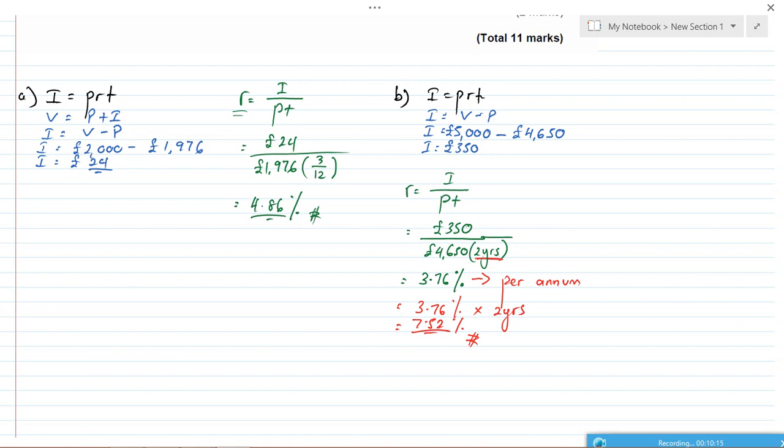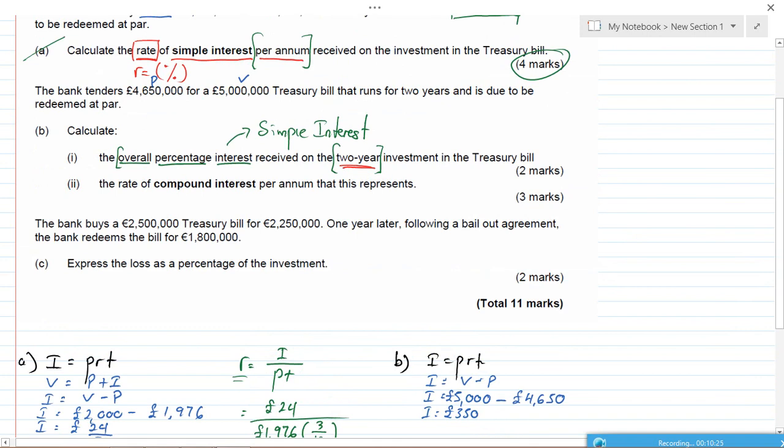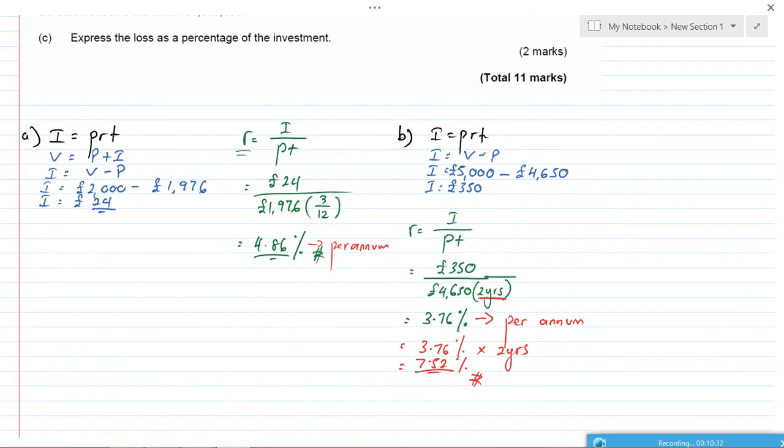Ready guys? So please be careful here. Even on your part A, this is per annum. So we got no problem because they're asking for what? If you look at the part A, they're asking for per annum. I have already highlighted over here. So that's why 4.86 is going to be our final answer, because that's our per annum interest rate.